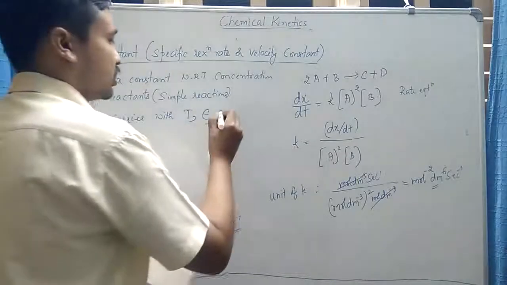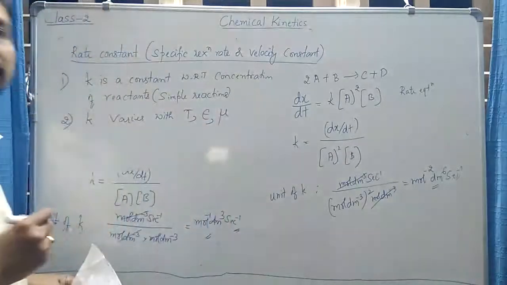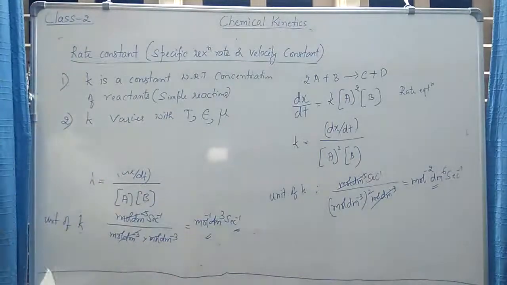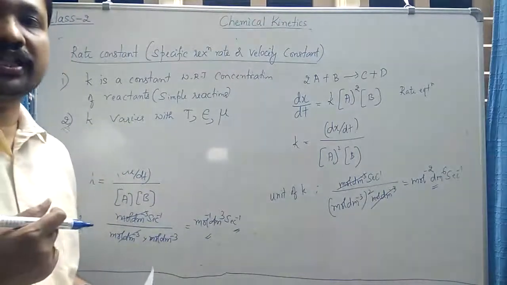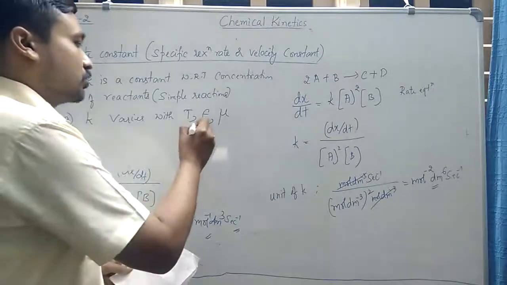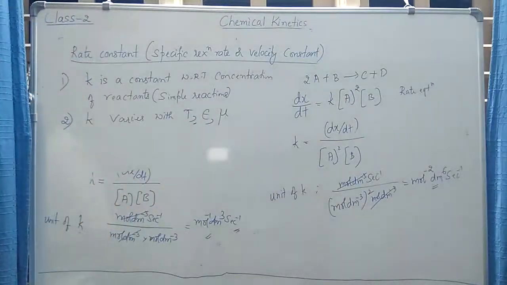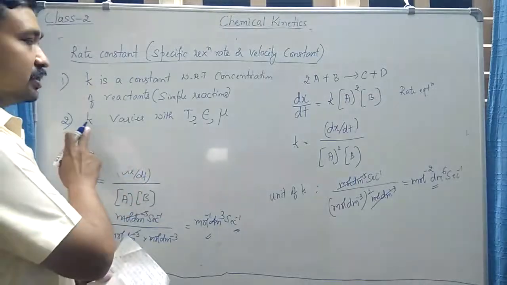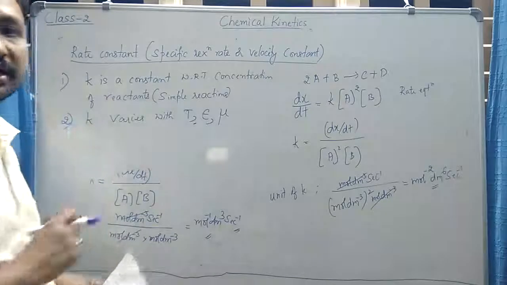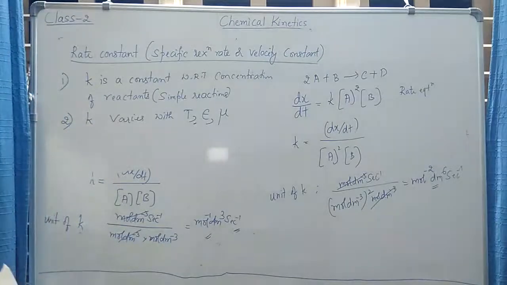If I change the ionic strength of the solution or the medium, then it may affect the rate constant depending on the nature of the reaction. We will discuss all this in detail in the coming classes. Already I have discussed how rate constant varies with temperature. It is nothing but the Arrhenius equation.